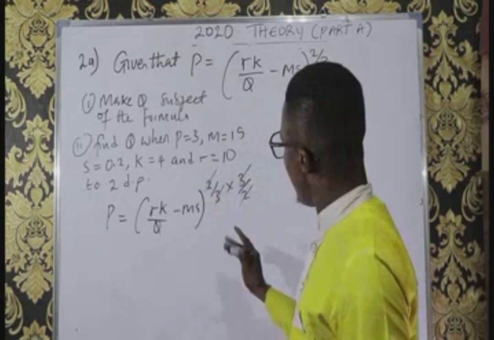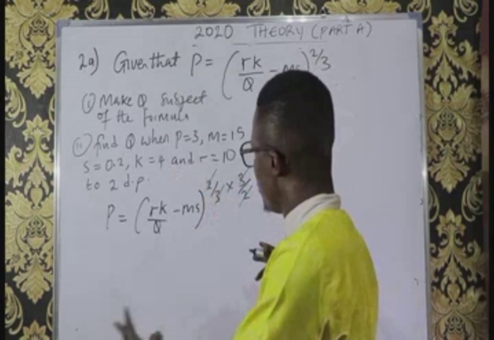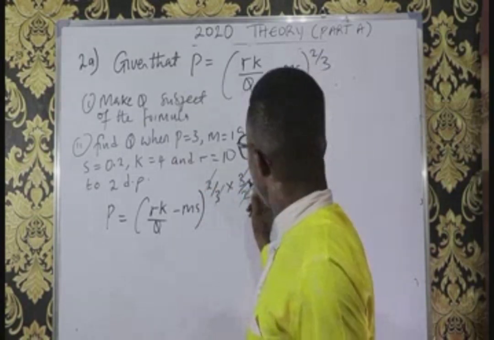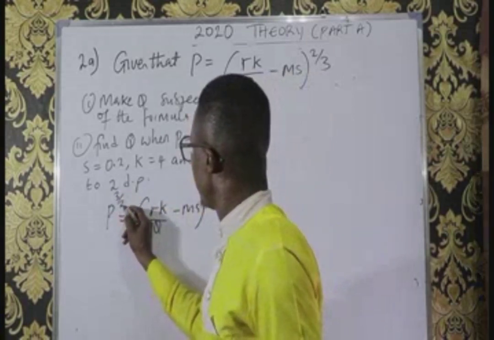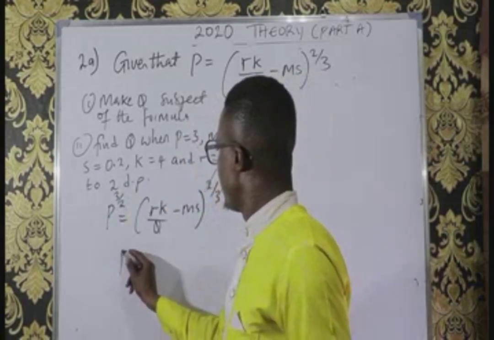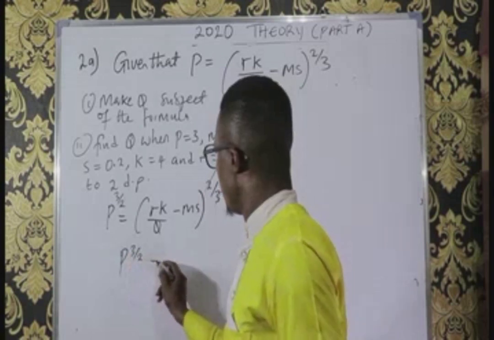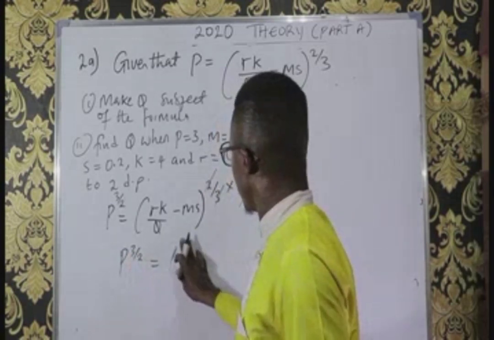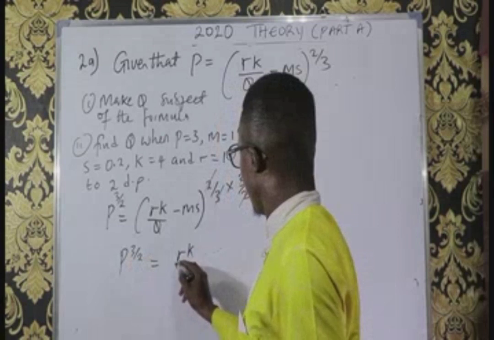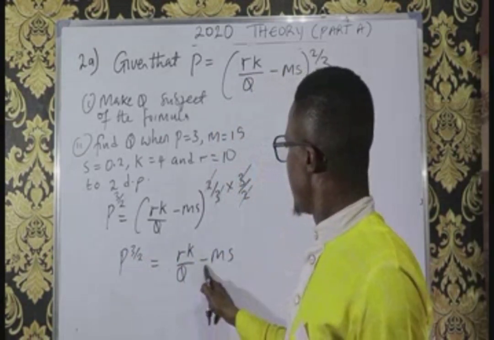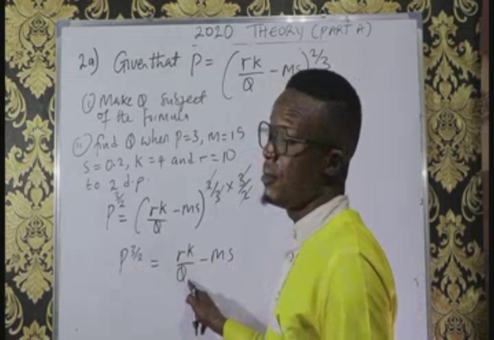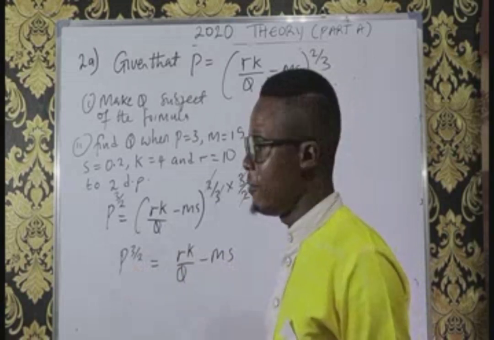It will go. And whatever you do to the right hand side, you must do to the left hand side. So because I raise here to the power of 3 over 2, I will also raise P to the power of 3 over 2. Therefore, we have P to the power of 3 over 2 is equal to just RK all over Q, then minus MS. Let this MS leave here so that this Q I am making the subject will be more comfortable.